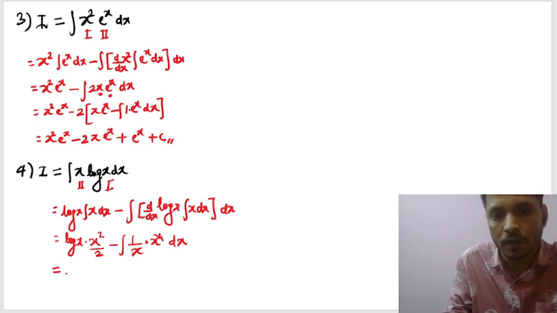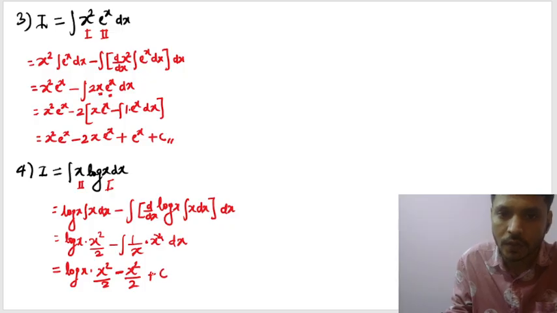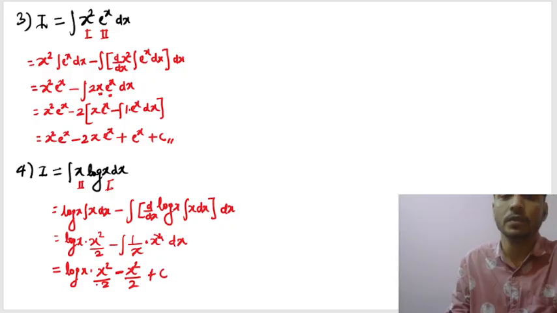That means here now we have log x and x square by 2, and here we have just integration of x, so integration of x is x square by 2 plus c.